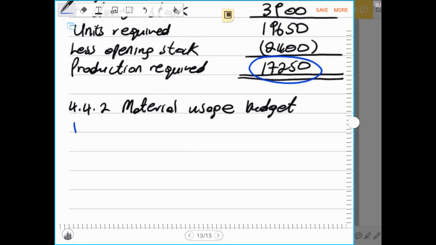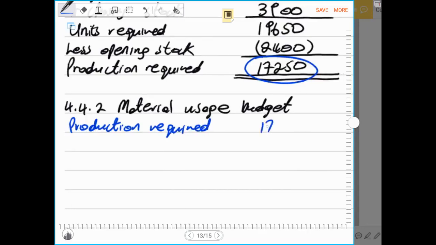Then now we start with the production required, because we need to produce 17,250 units, and for us to produce these units we need kgs of material that will exactly manufacture the 17,250 units. So now we have the number of units that we need to manufacture.